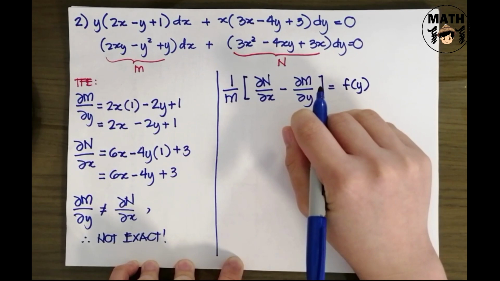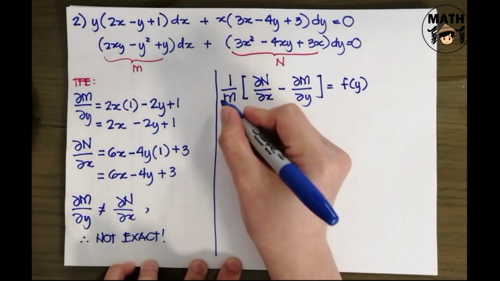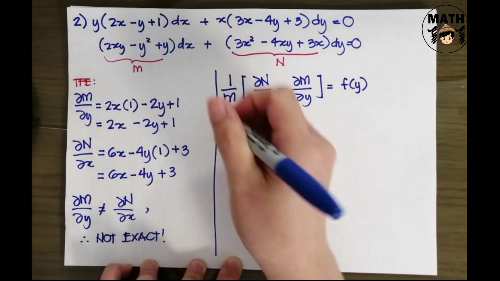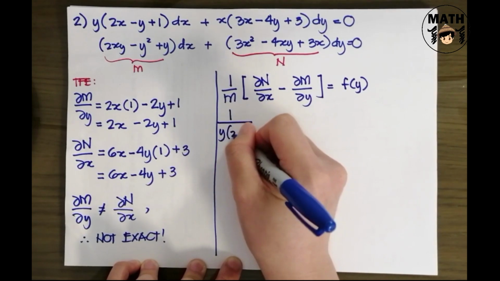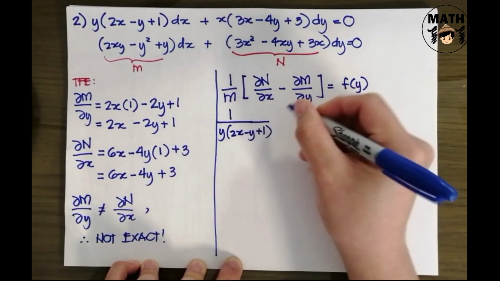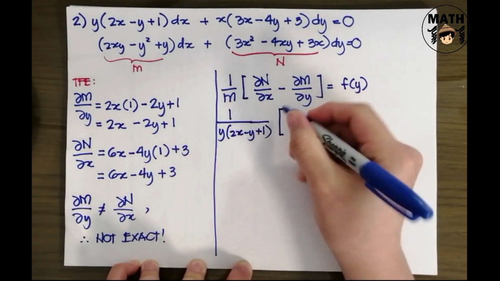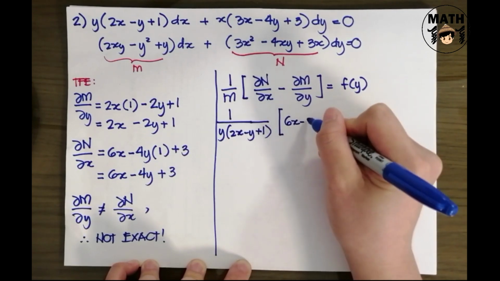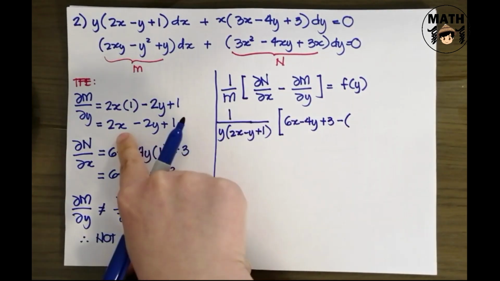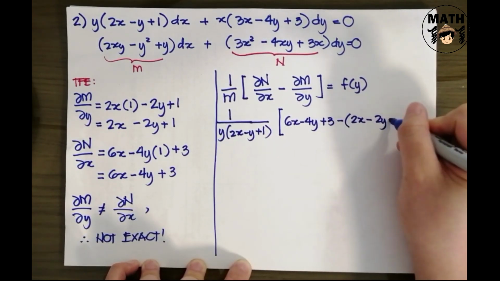Pag hindi nag-work, try naman natin i-divide by M. So, 1 over M, ito na lang gagamitin ko, multiplied by the difference between partial of N with respect to x minus 2x minus 2y plus 1.